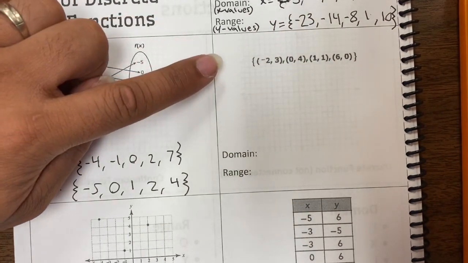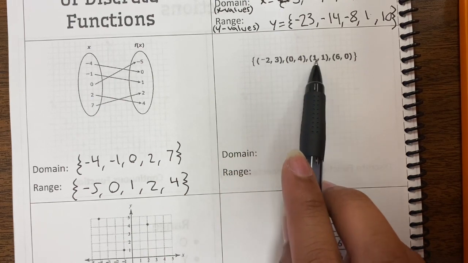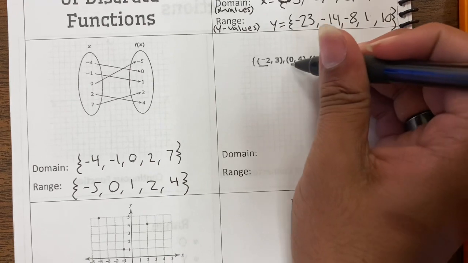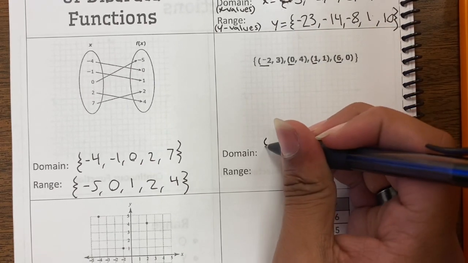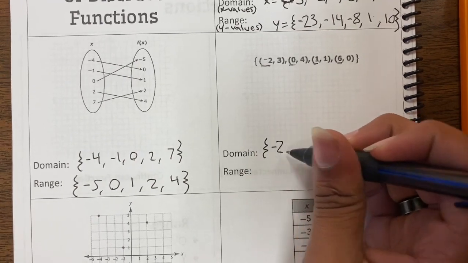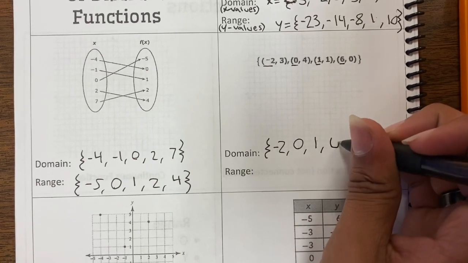So now let's look at the ordered pairs. The domain are going to be all of the x values, you guessed it, and whenever I have my ordered pairs, I like to underline the x value. So my domain is going to be -2, 0, 1, and 6.